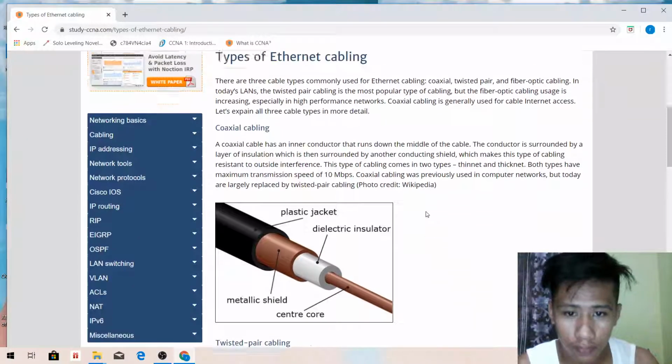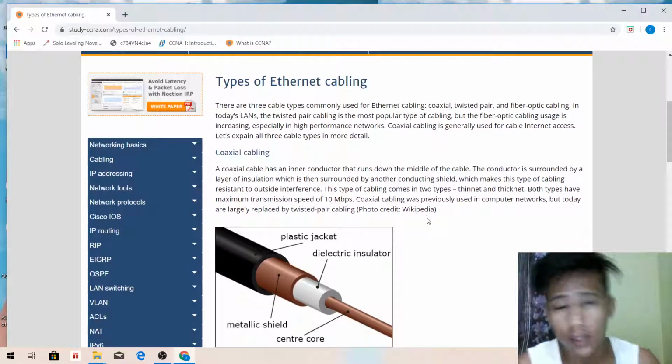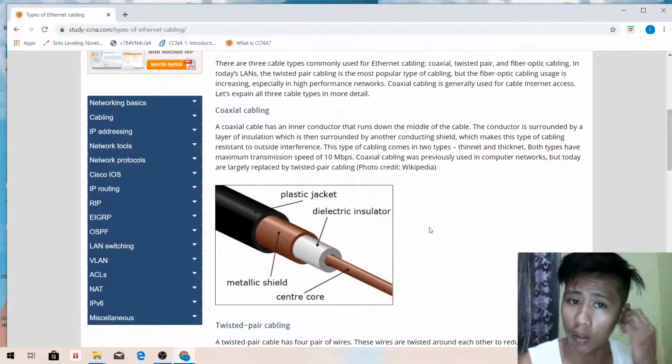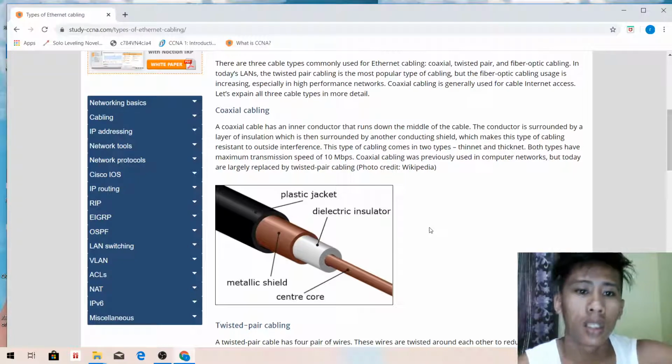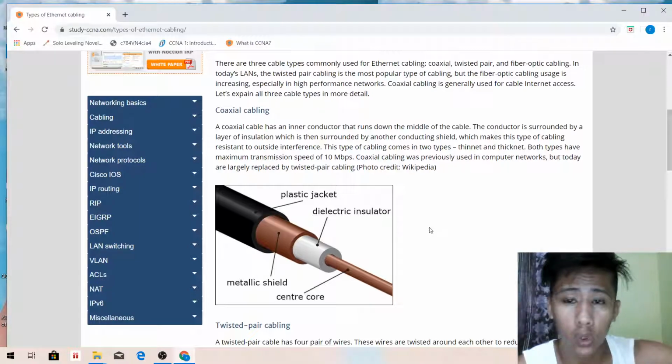So chapter 4 is all about cabling. There are three cable types commonly used for Ethernet cabling. First one is the coaxial, twisted pair, and fiber optic cabling.